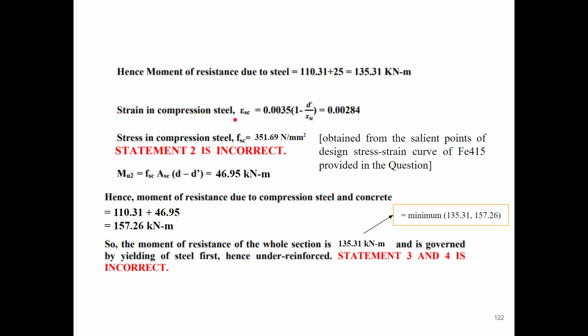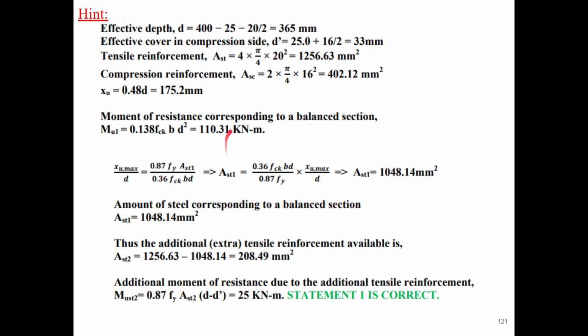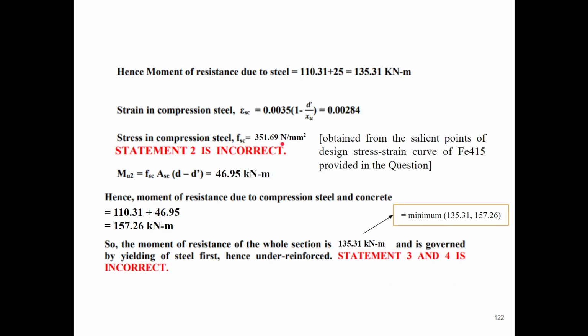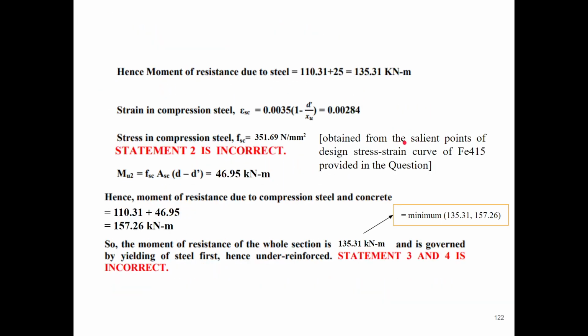The strain in compression steel, epsilon SC, is 0.0035 into (1 minus d prime by xu), which is equal to 0.00284. Using the given points mentioned in the question, at 0.00284 the fsc value comes to be 351.69 Newton per mm square through interpolation. Here it is written 359.3 megapascal, so it is incorrect.